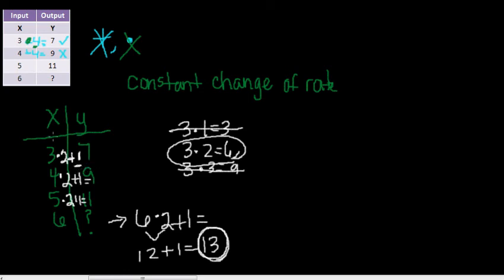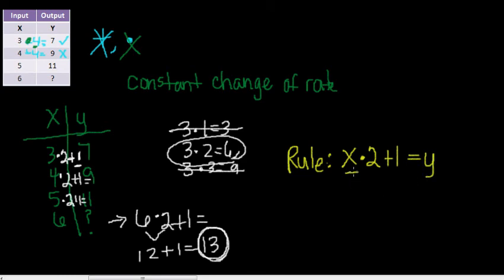So here's what this rule looks like. This is really algebra. Here's our rule. We took our x value, and what did we do to it? We multiplied it by 2, and then we added 1, and it equaled y. Now I'm going to show you the right way to write it.